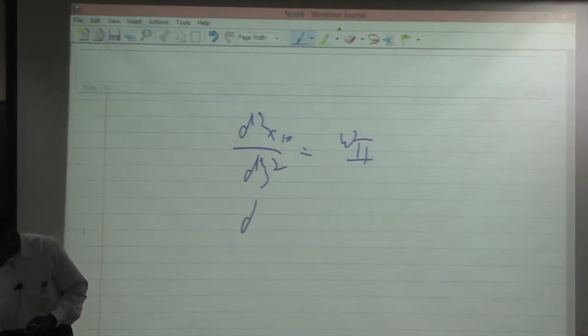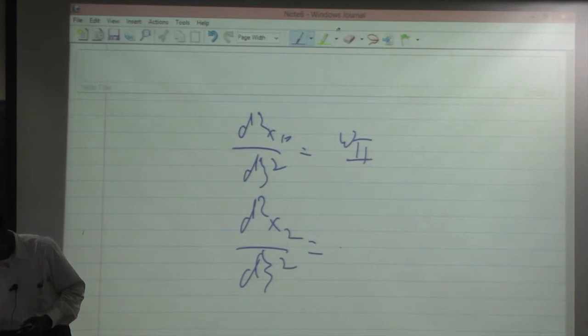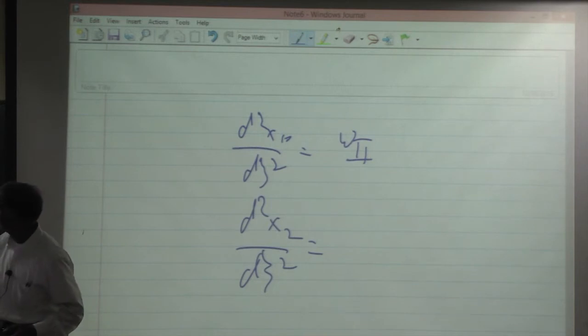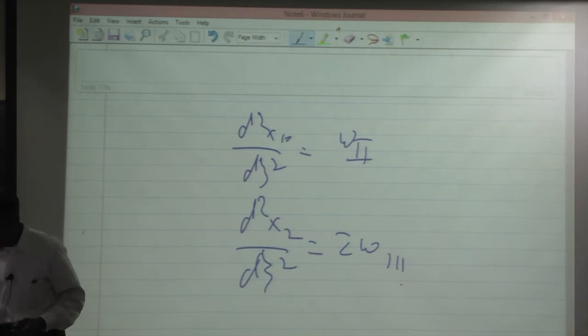And if you look at D squared H2, DC squared, that's going to be 2W3 minus W2, correct?